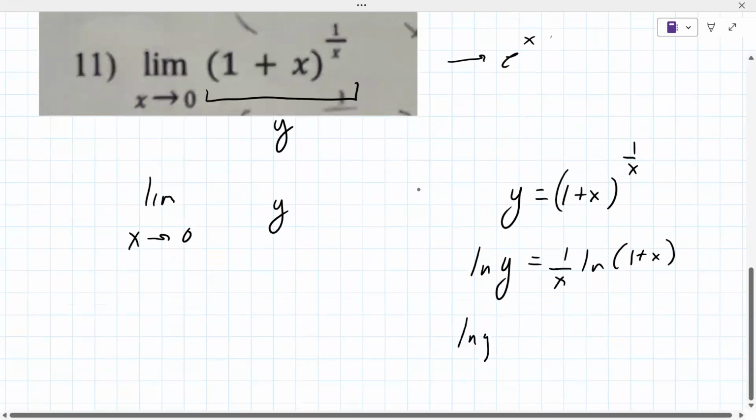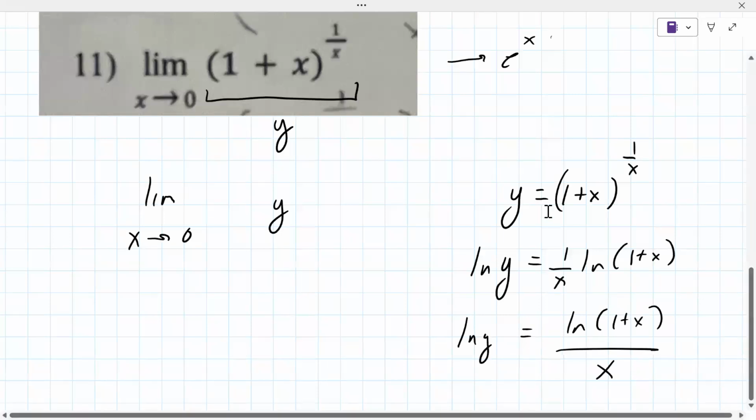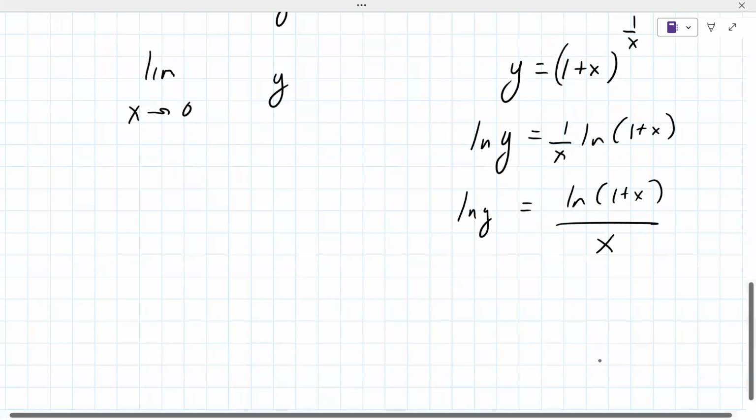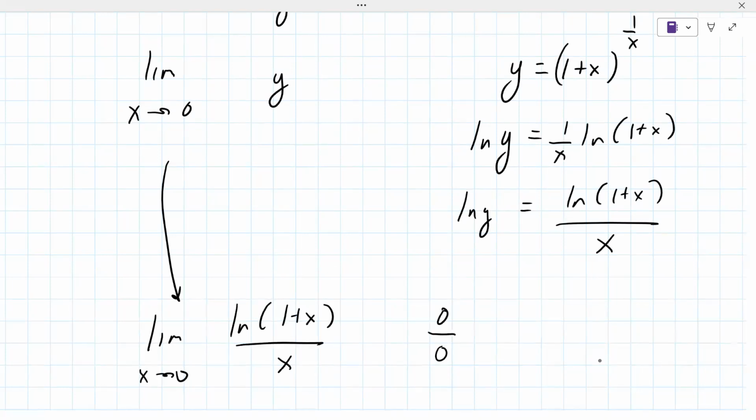And if you rewrite that, you get natural log 1 plus x over x. And so this is what you can take the limit of as x approaches 0. So you're really transforming this problem into the limit as x approaches 0 of natural log 1 plus x over x. This is 0 over 0, an indeterminate form.